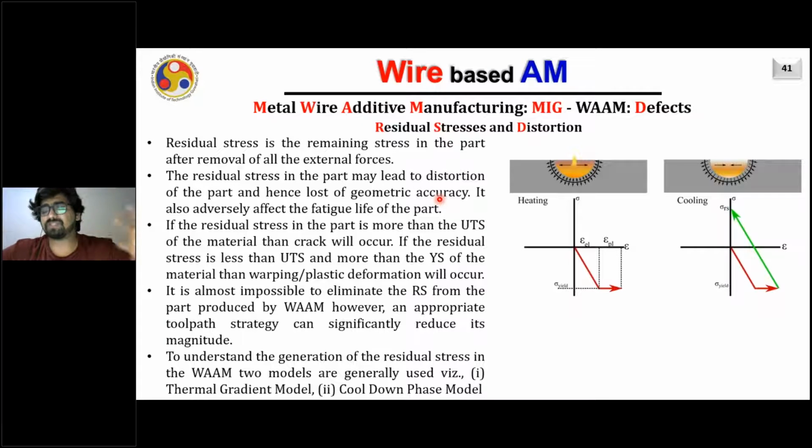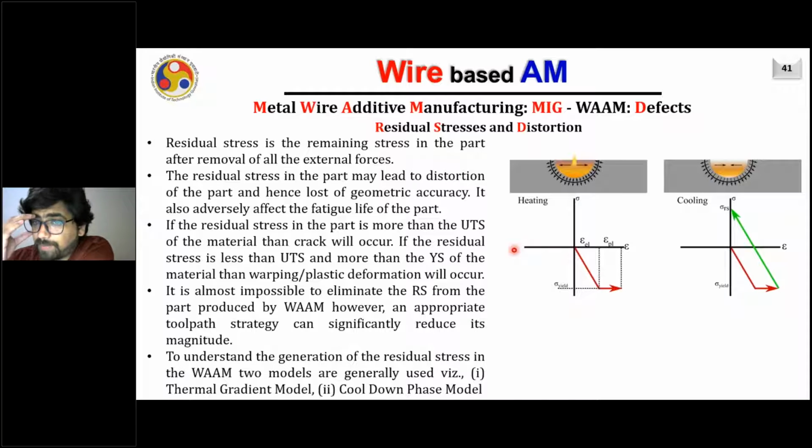It will release some stresses, but those stresses that remain in the part are called residual stresses. The residual stresses in the part may lead to distortion when we remove the load, or they may adversely affect the fatigue life of the part if they remain there.